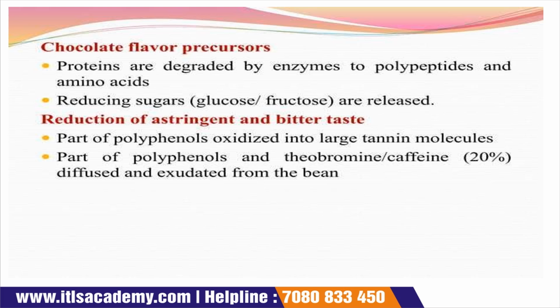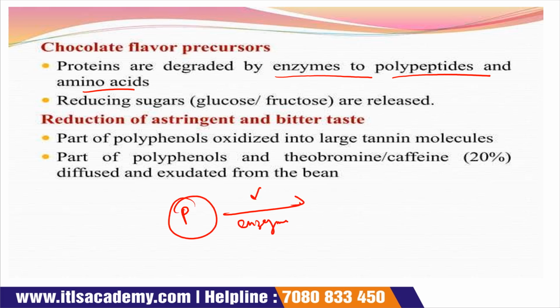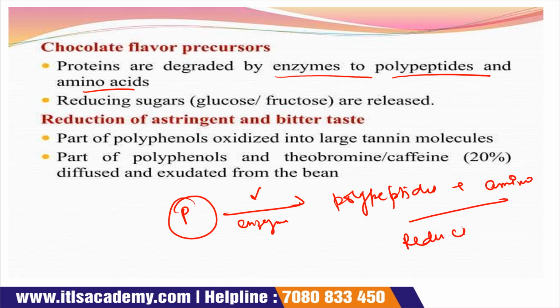Chocolate flavor precursor. Protein is degraded by the enzyme to polypeptides and amino acids. Okay, this is protein. This protein is degraded. Suppose some enzymes are activated here, and this protein is converted into polypeptides plus amino acids. Okay, and reducing sugar is released.